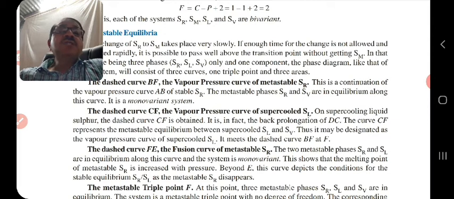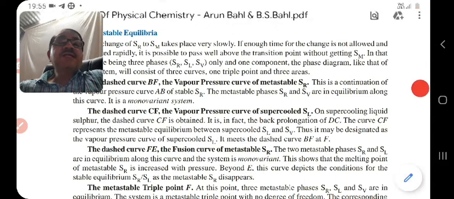This shows that the melting point of metastable SR is increased with pressure. Beyond E, this curve depicts the condition for the stable equilibrium SR upon SL as the metastable SR disappears.